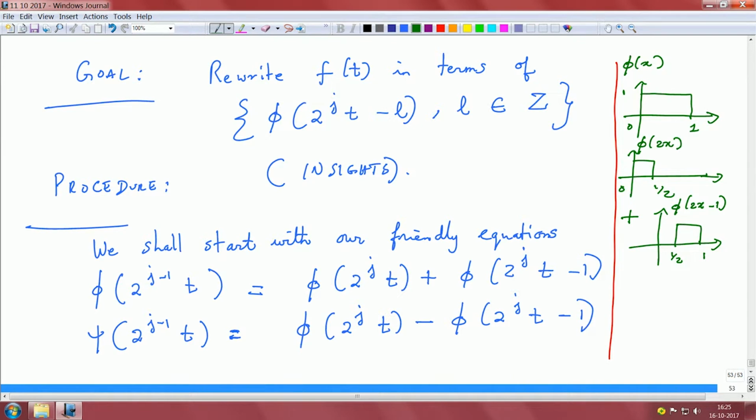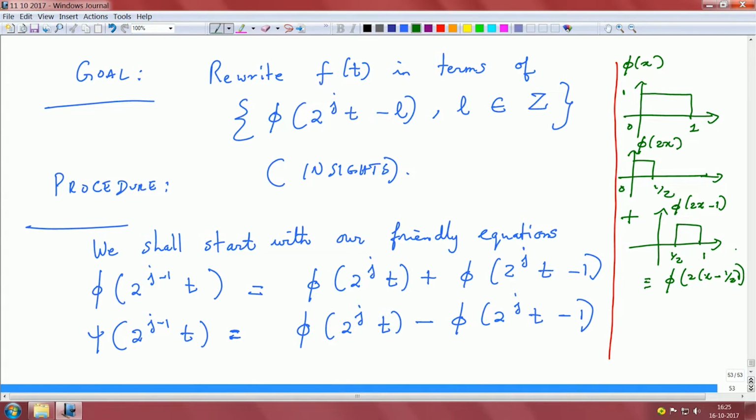That is, this is the same as phi of 2 times x minus half, because if you have sketched phi of x, what you are doing is just translating this by half a time step here, right.